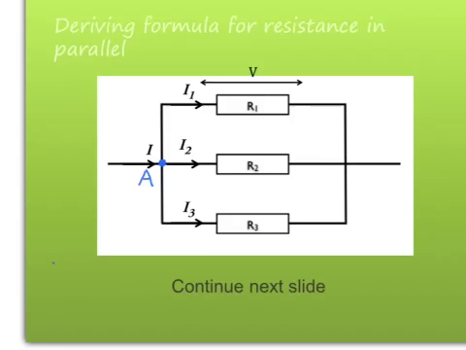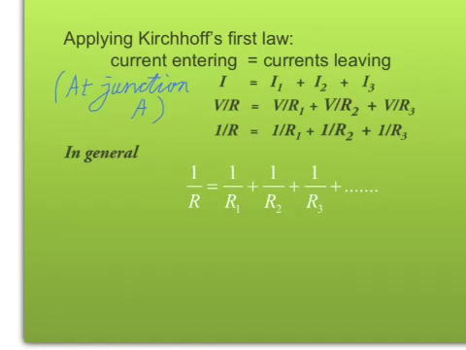Let's call this junction A, as indicated here. Now let's apply Kirchhoff's first law to junction A. Currents entering equal currents leaving. Current entering is just I, and then there are three currents leaving, I1, I2, I3. The current can be expressed as voltage over resistance. So I is equal to V over R, I1 is equal to V over R1, and so on.